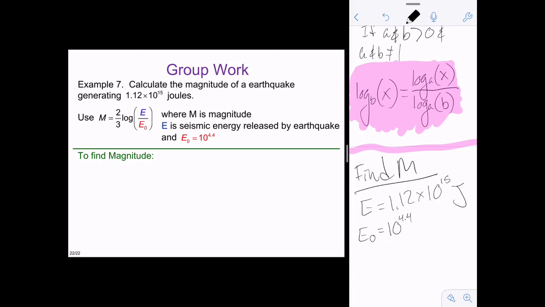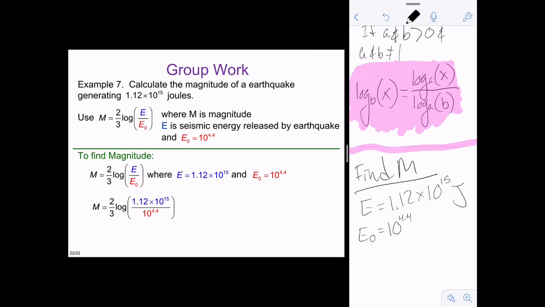All right, what's it say? To find the magnitude, we're going to use that function. And exactly like I said, they gave us E, right? You always go back and look at the units and say, which unit was I given? Which unit am I trying to find? Okay, so we're just going to plug it straight in. And from here, here's what I want you to do. You have that log button, that's the common log button.